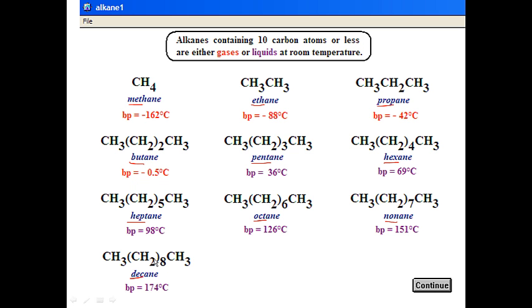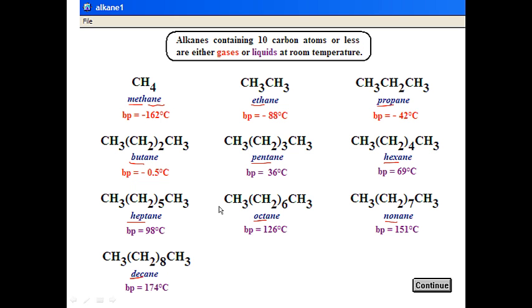These prefixes tell us the number of carbons in that alkane. Methane means it's the 1-carbon alkane. Ethane means it's the 2-carbon alkane. Octane is the 8-carbon alkane.